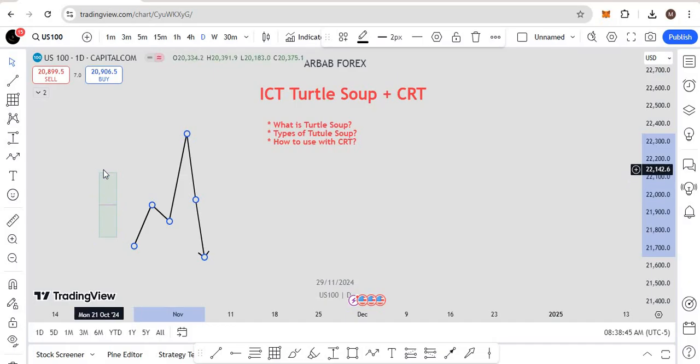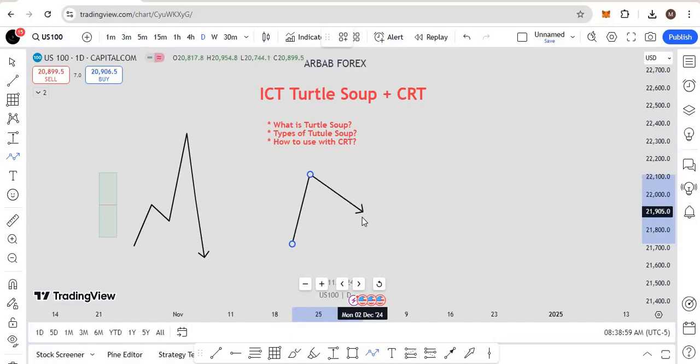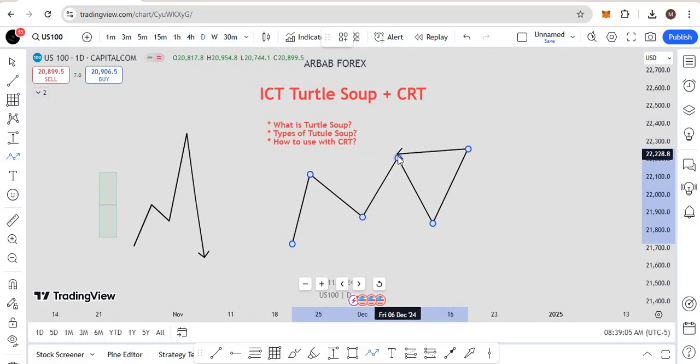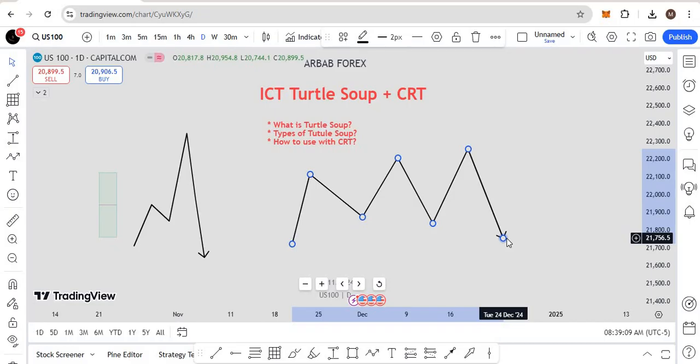Everyone is seeing that. So how many types of turtle soup are there, and how can you understand when to use it? Because on the internet you will see charts where people mark out some highs and lows, and the market takes out the liquidity and goes to the opposite side, and they say, oh see, this is a fake out, here is the turtle soup.